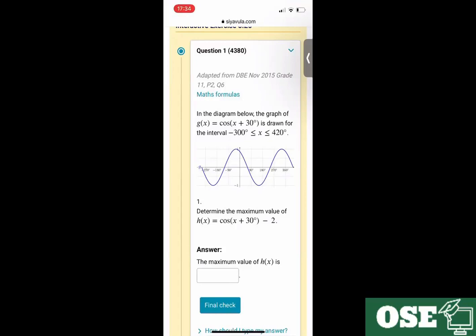Okay. Felicity. The q in a graph means the graph either shifts up or down. Okay, so now we have minus 2. What happens to the graph? It shifts down by 2 units.